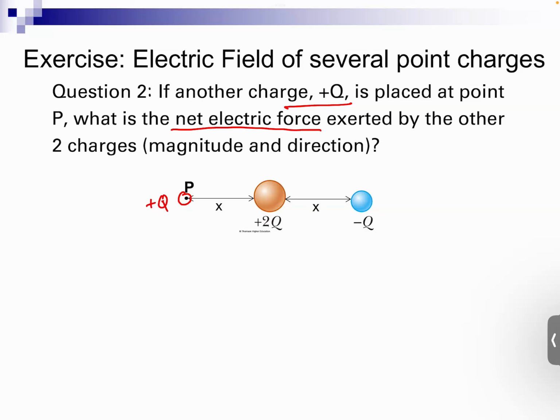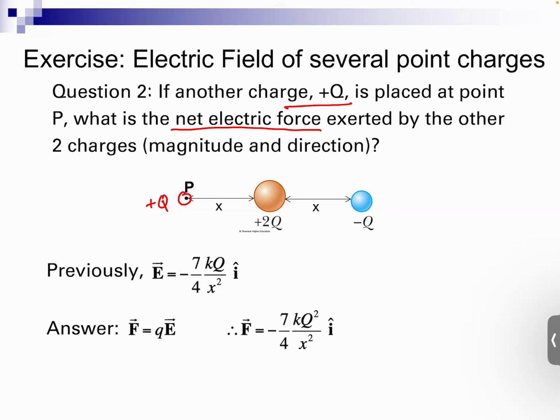We've learned Coulomb's law, so you should be able to solve this using Coulomb's law, or you can also use the electric field that you've solved previously. We've determined that at point P, the electric field is -7/4 kq over x squared I hat.